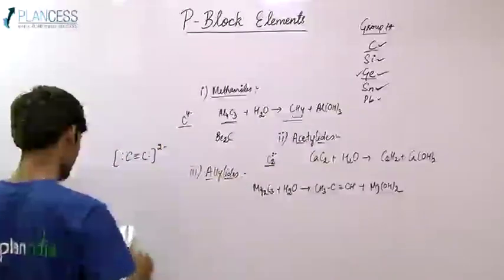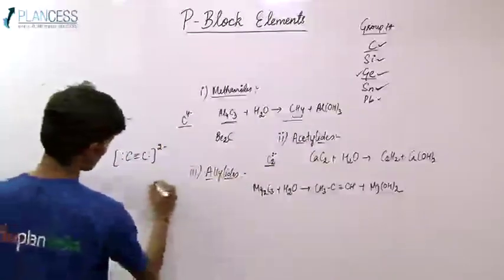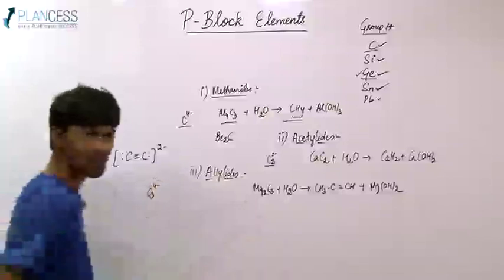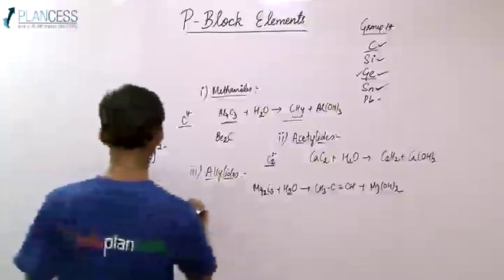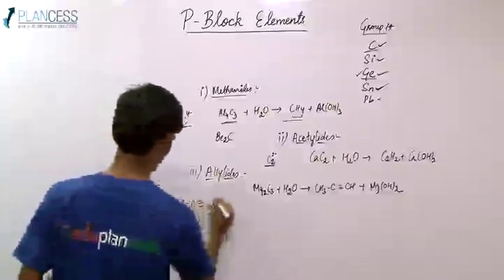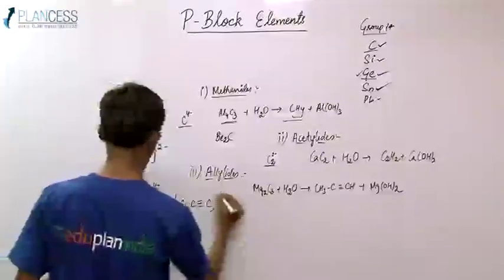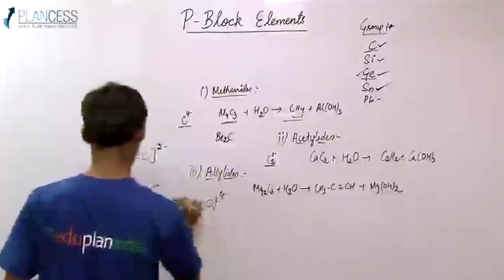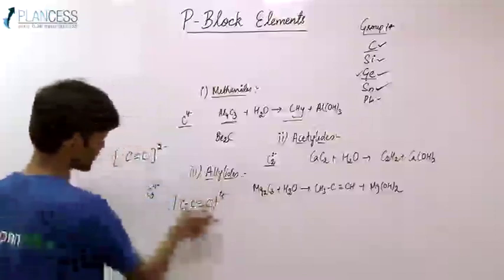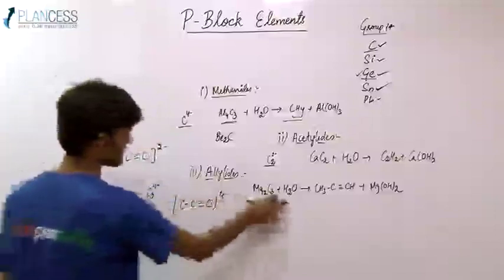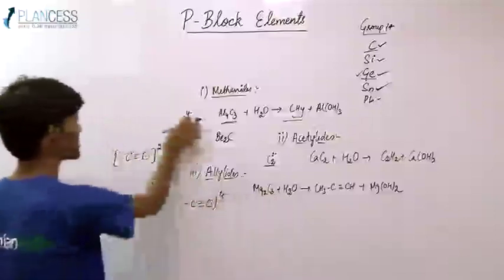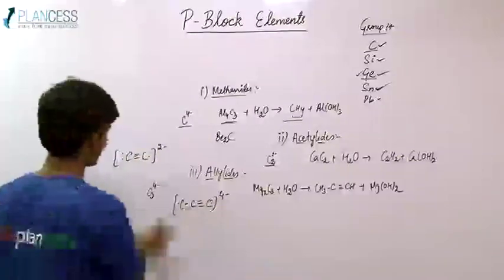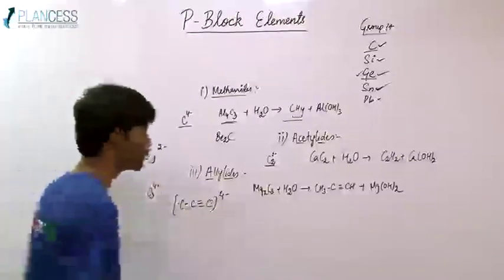As far as allylides are concerned, it is C3 4 minus, and its structure would be C triple bond C with charges of 4 minus, 1 and 1. So in this case the anion is C3 4 minus, in this case it is C4 minus, and in this case it is C2 2 minus.